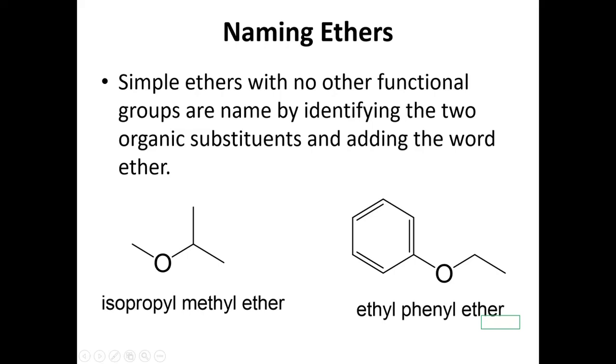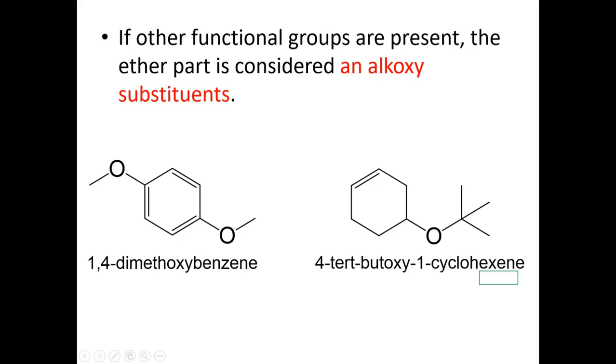So it will be ethyl phenyl ether. If other functional groups are present, the ether part is considered an alkoxy substituent. Okay. So here you have a benzene ring and 2 ether groups.